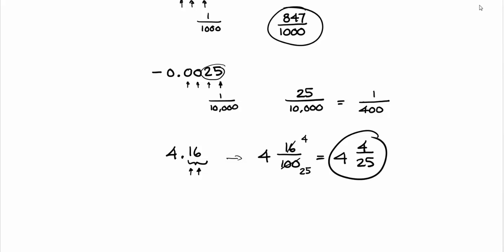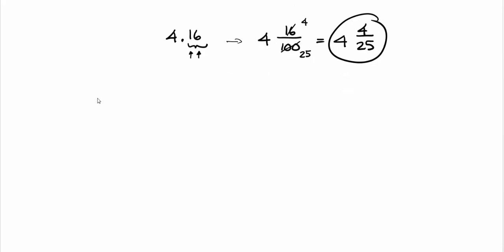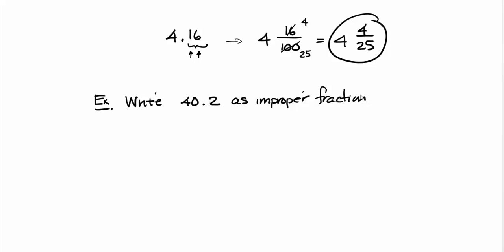And finally, I can write a number as an improper fraction too, if I wanted to. So if I said write 40.2 as an improper fraction, I would first convert this.